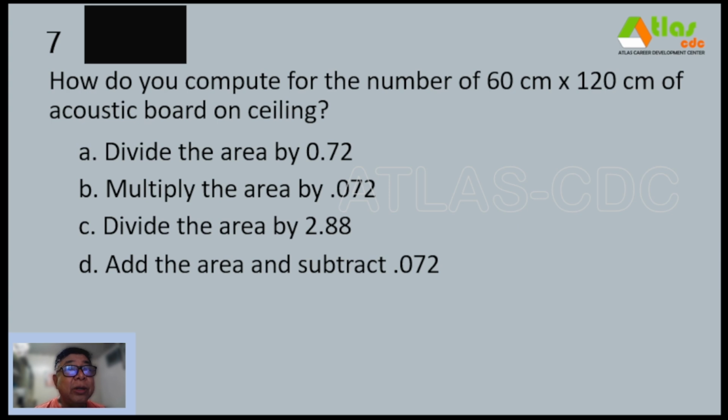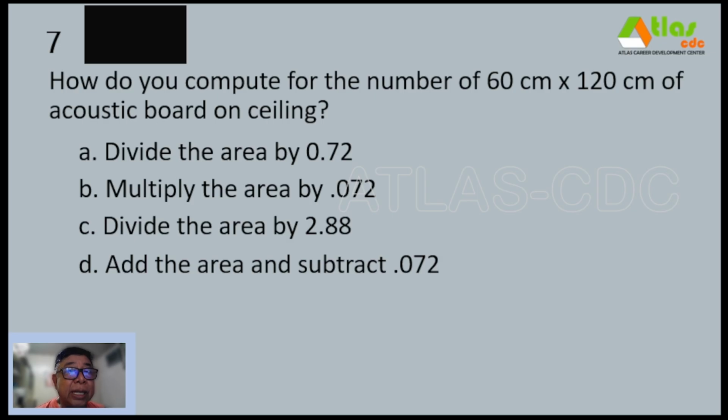Number 7. How do you compute for the number of 60 centimeters by 120 centimeters acoustic boards on a ceiling? A, divide the ceiling area by 0.72. B, multiply the ceiling area by 0.072.